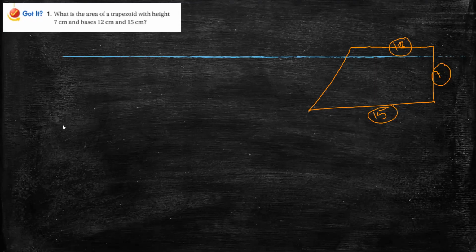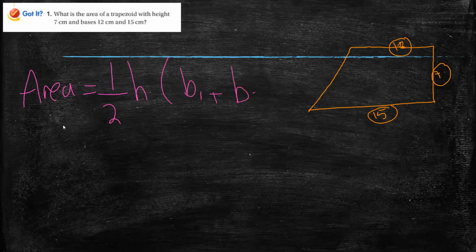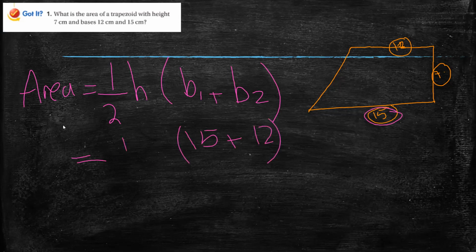So to find the area of the trapezoid, we say that the area here is half the height times base 1 plus base 2. Where's the first base? It's 15. The second one is 12, times half. Where's the height? It is 7. So half of 7 times 15 plus 12.